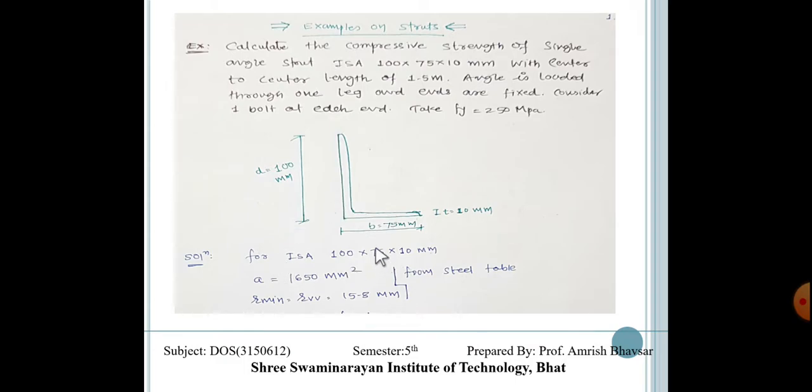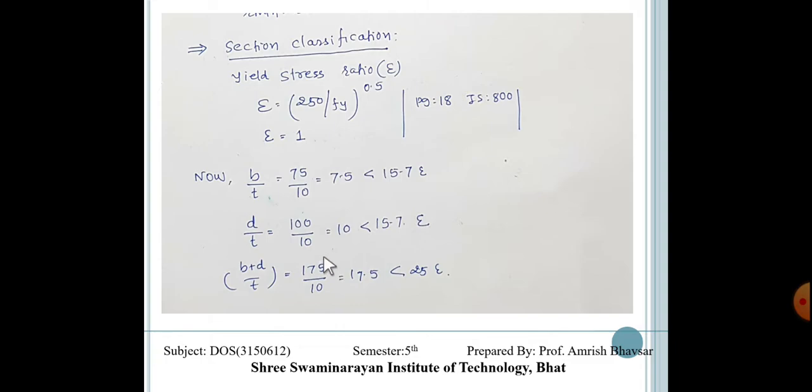From this we get the effective area of the strut, and for that we have to classify the section. The section classification is given on page number 18 of IS 800, and the value of epsilon, given in Table 2, is 1 for Fy 250.